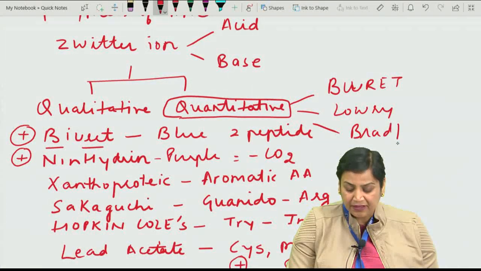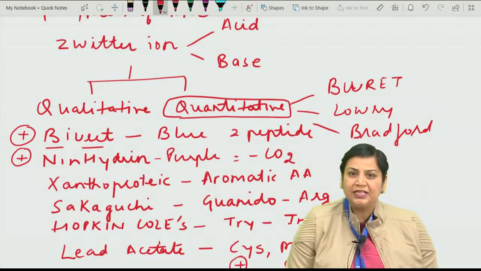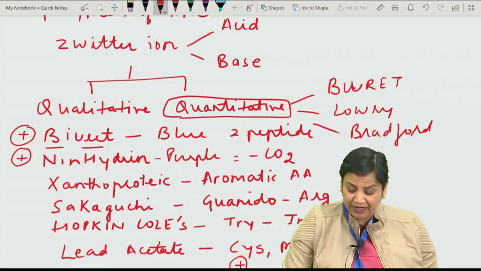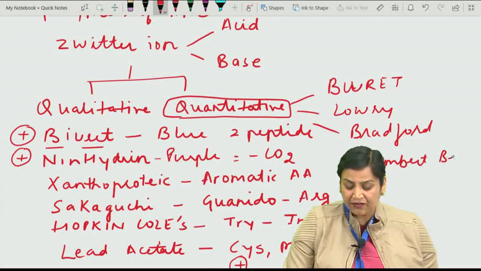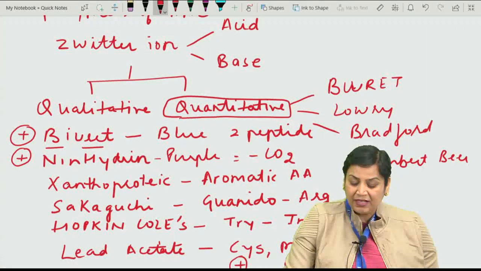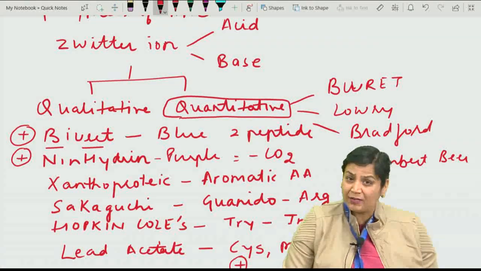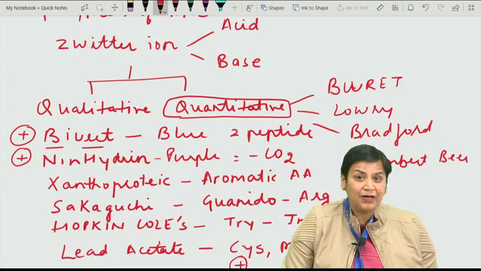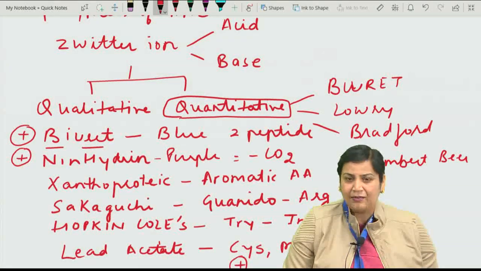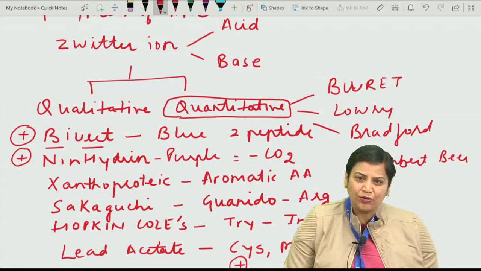These are the quantitative tests which are basically based on Lambert-Beer's law. This is again a very, very important question which is mainly asked in the exam. These proteins or the amino acids absorb at a particular wavelength. They give an absorption spectra, and by that we calculate the amount of amino acid or protein present in the sample.